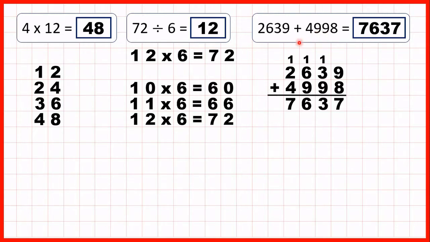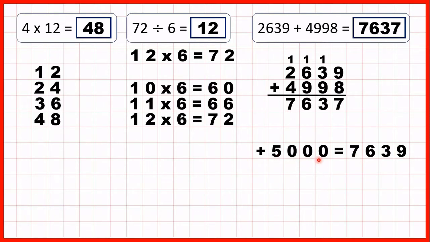Now, though we're adding 4-digit numbers, we could actually have used mental methods for this, because notice the number 4,998 is just 2 less than 5,000. So if we add 5,000 to 2,639, we get 7,639, because 2 plus 5 is 7.